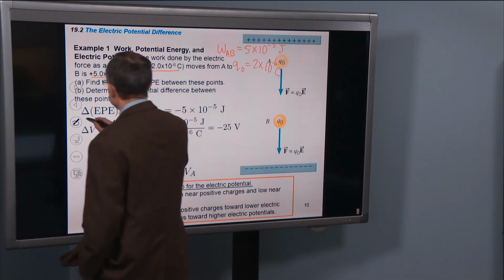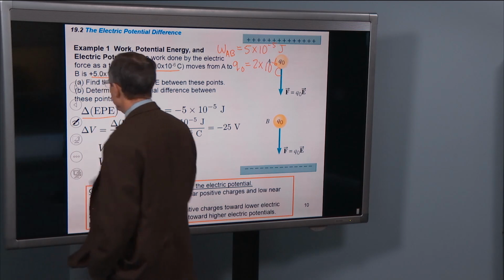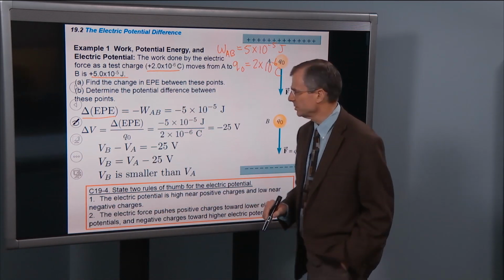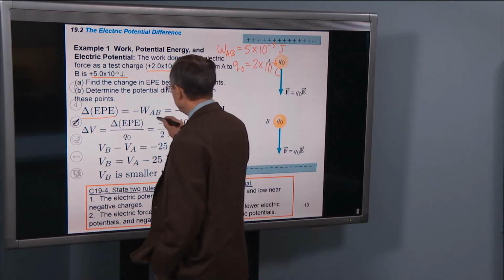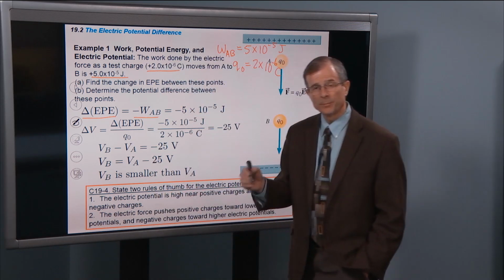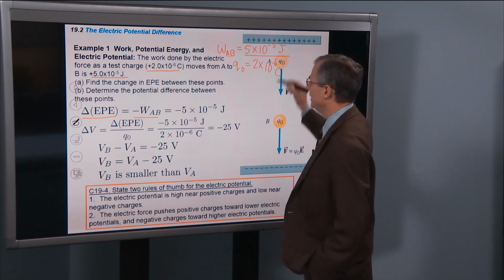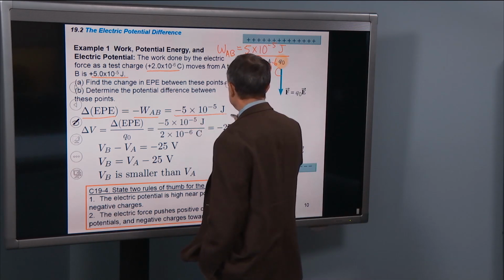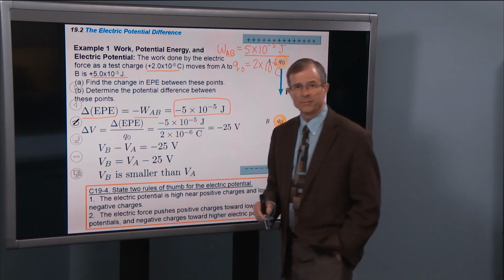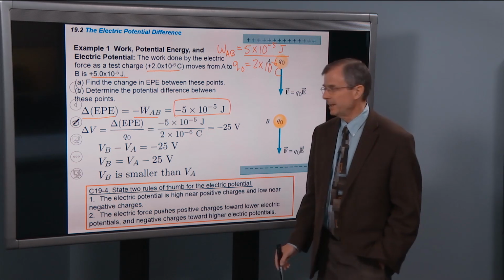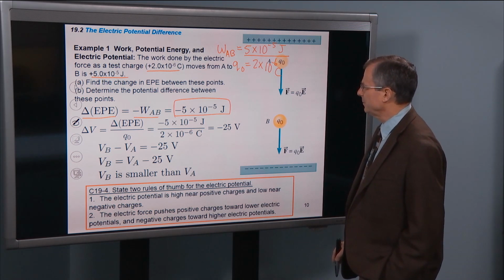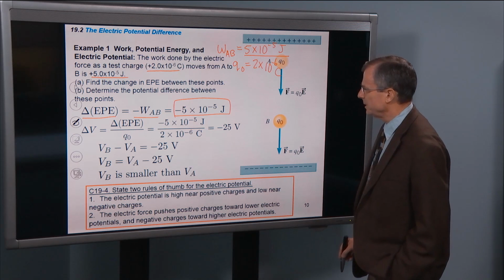Well, from concept 1, we know that the change in the electric potential energy is the negative of the work done in going from A to B. Well, we're given the work done, it's this number right here, and so that one just couldn't be easier. Just stick a minus sign in front of that work done. What about the potential difference between these 2 points?